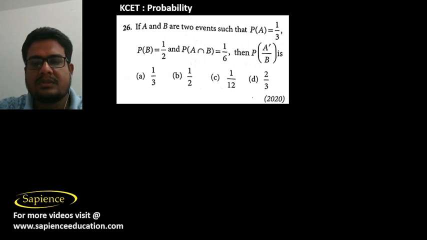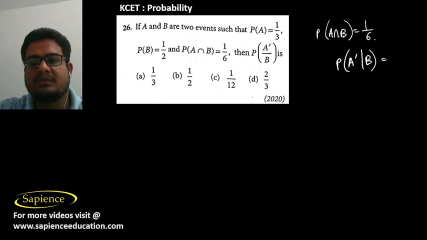Then in question number 26, it is told that if A and B are two events such that P of A equals 1 by 3, P of B equals 1 by 2, and P of A intersection B is equal to 1 by 6, then P of A complement given B is equal to how much?